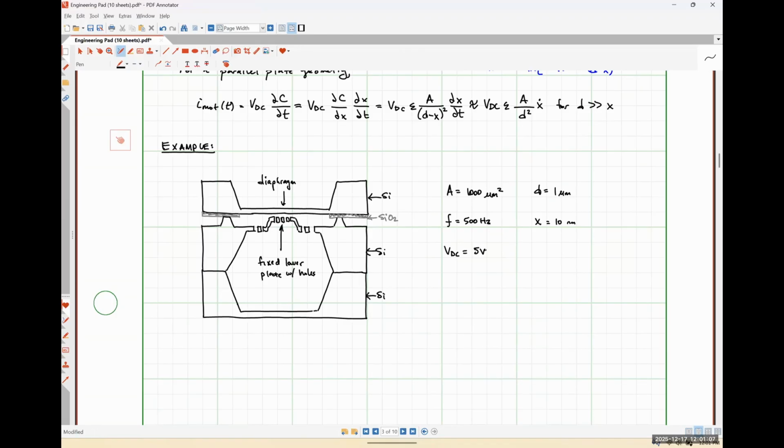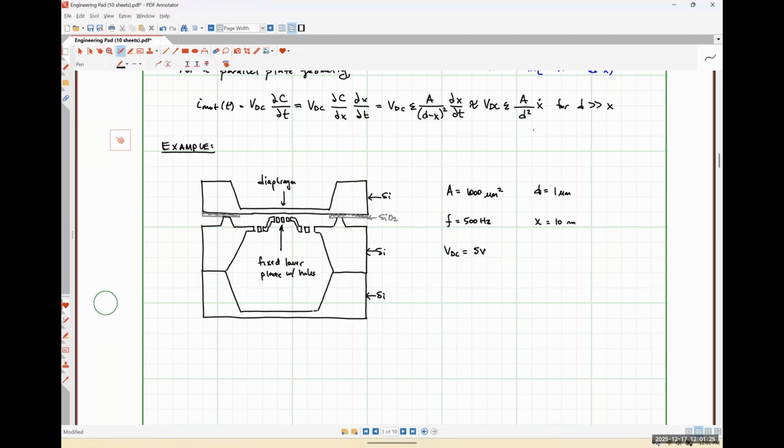So before we get into this explicitly, we've got an equation up here telling us what our motional current would be. By the way, I would argue that 10 nanometers is significantly smaller than 1 micron. It's only 1% of that. So I think we can use this approximation.